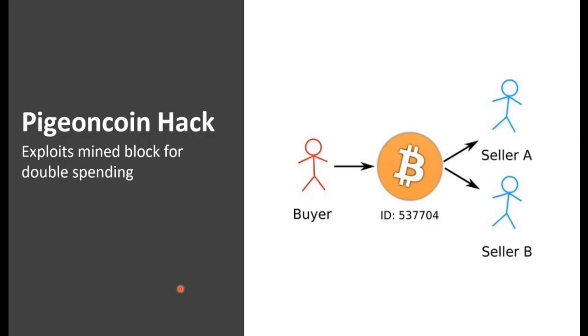Same with dollars too. US dollars, digital dollars, electronic dollars are also set up the same way, that once the ledger is updated, the user cannot reuse that coin or that cryptocurrency.